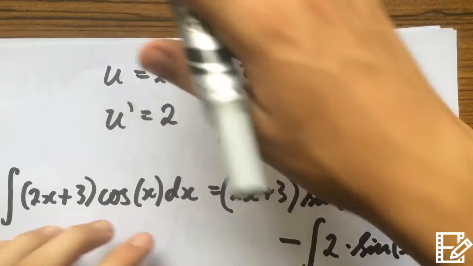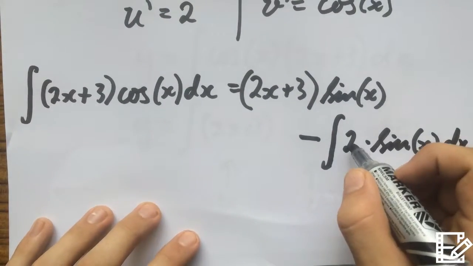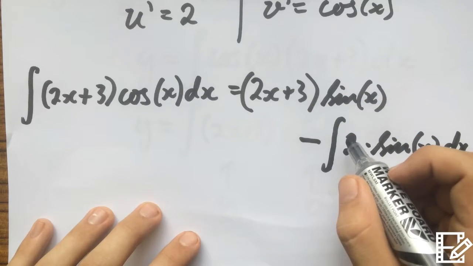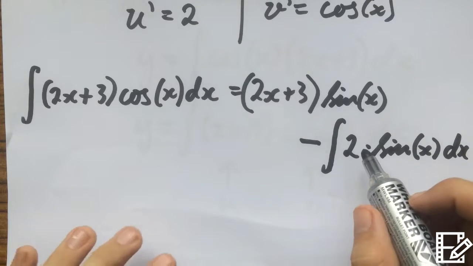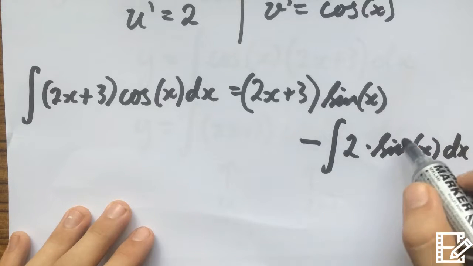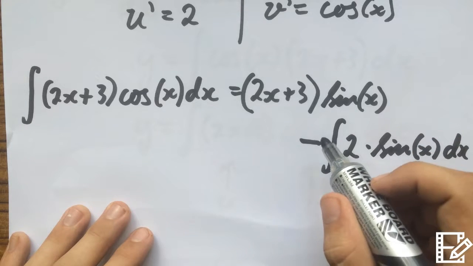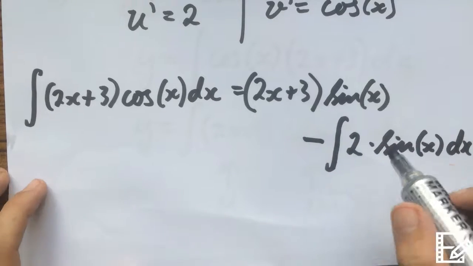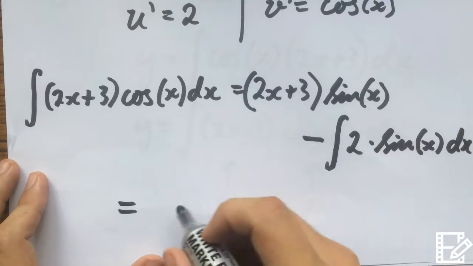Now what? Well, first of all, this stays the same, this doesn't change, this is fine, but we need to work on this bit. Because as a rule of multiplication by constants, if we have a constant multiplied onto the function inside an integral, we can actually bring it out. It's still multiplied, but we bring it outside the integral symbol, to the left side of this funny looking s.